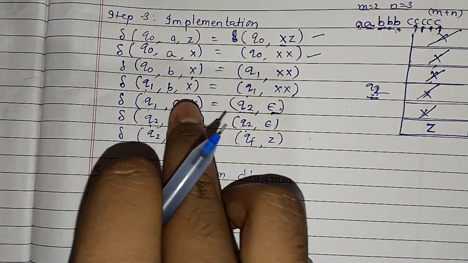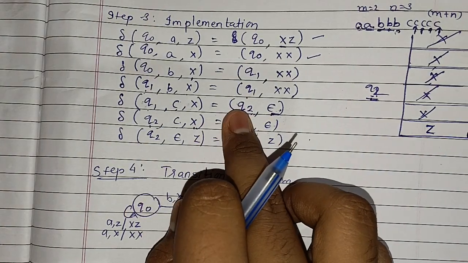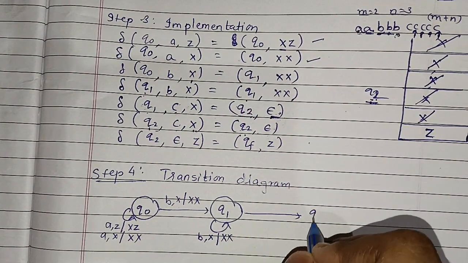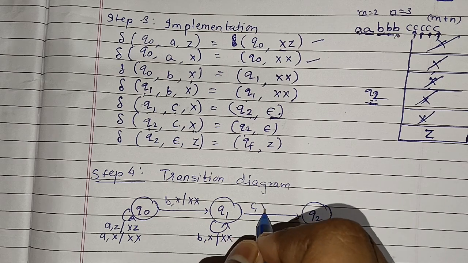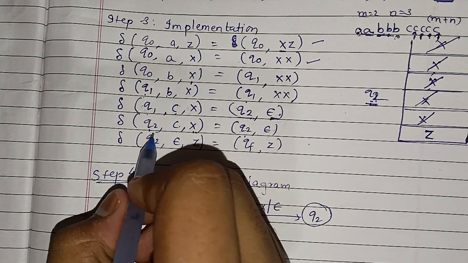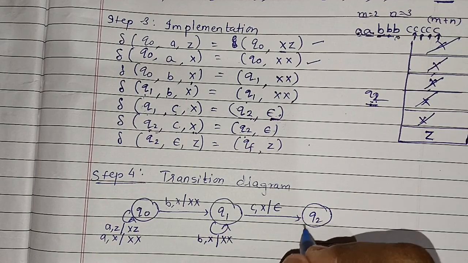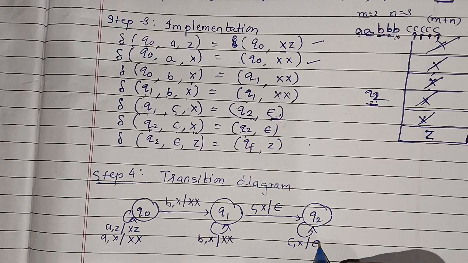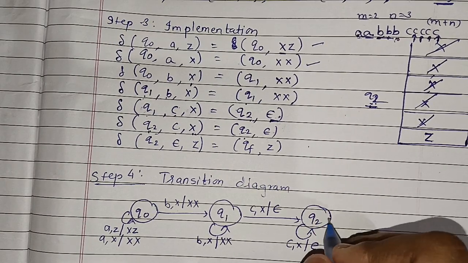Now see, Q1 C comma X, change to Q2 and pop, so I change to Q2 when C comma X comes. Now Q2 C comma X, in the same state only, pop again in the same state Q2.